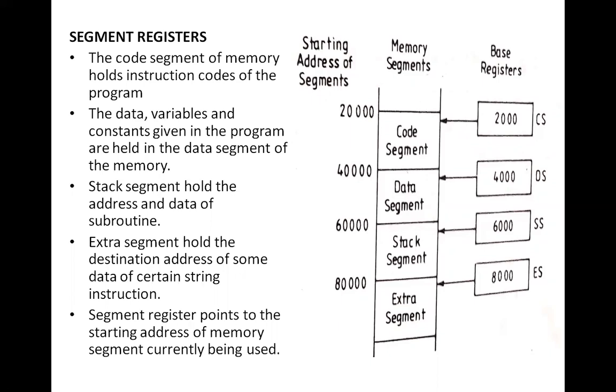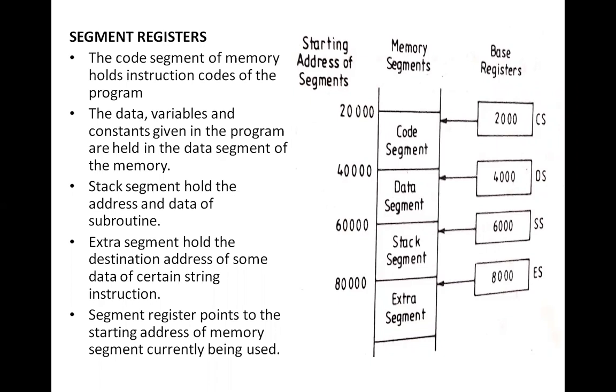As I told you, in an 8086 microprocessor based system, the memory is divided into four segments: the code segment, data segment, stack segment, as well as the extra segment.